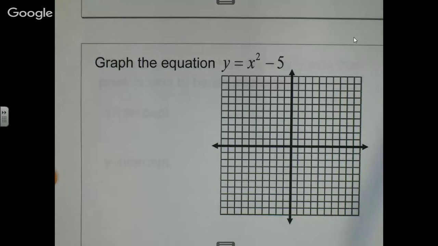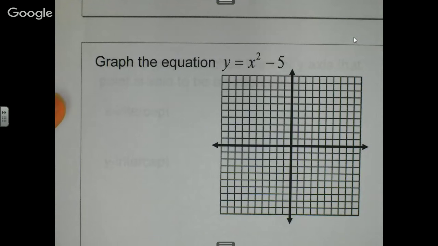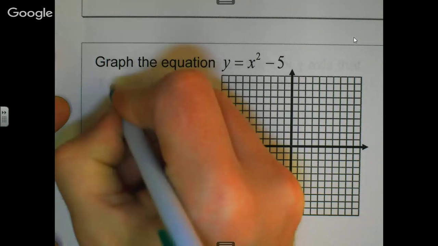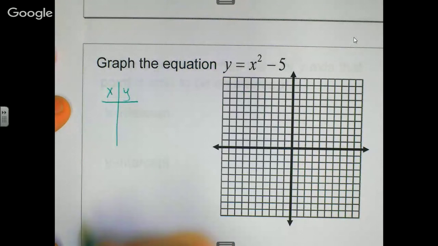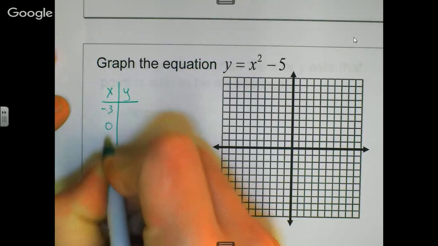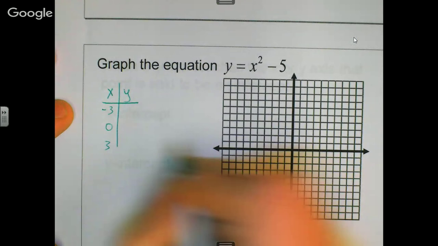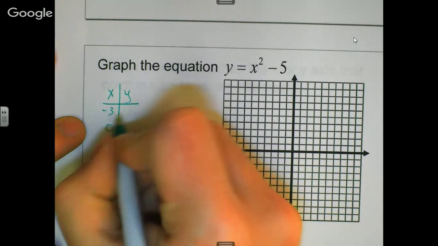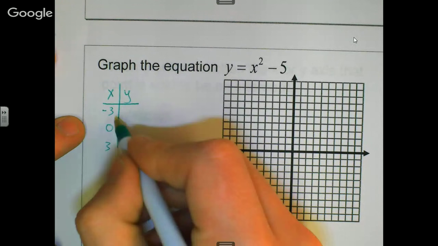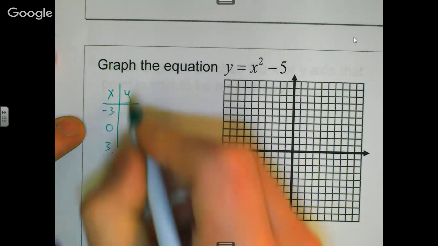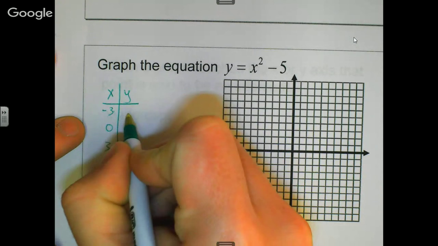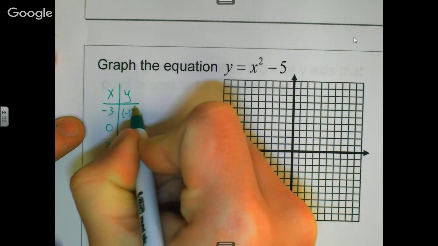So graph the equation y equals x squared minus 5. Again, we will make a table: -3, 0, 3. And it doesn't have to be those points. You could choose any. I just like to choose a negative and a positive, and I always like to choose 0. So we have -3 squared minus 5.